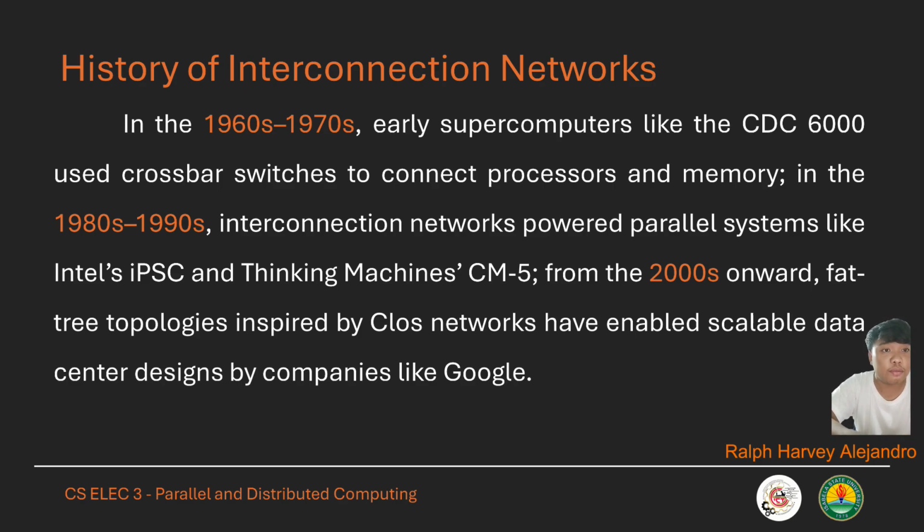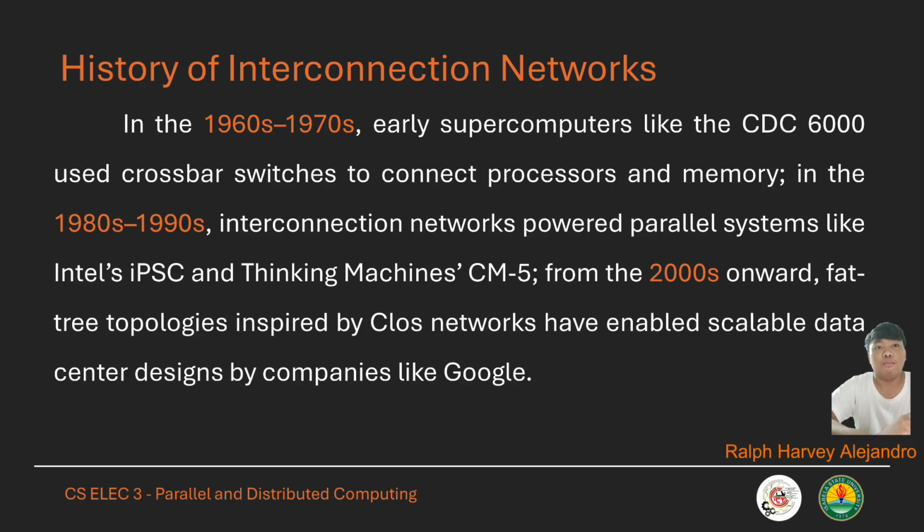Next is the brief history of interconnection networks. In the early 1960s to 1970s, early supercomputers like the CDC 6600 used crossbar switches to connect multiple processors and memory units. The 1980s to 1990s saw use in parallel computing systems such as the Intel iPSC, Hypercube, nCUBE, and Thinking Machines CM-5.